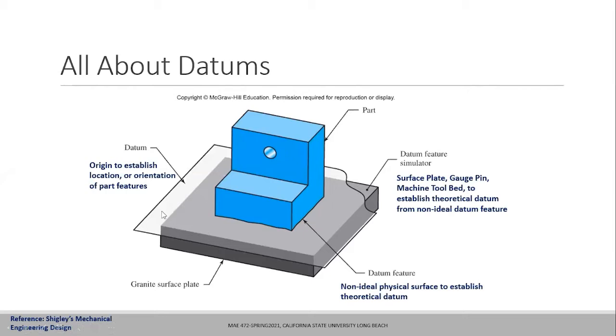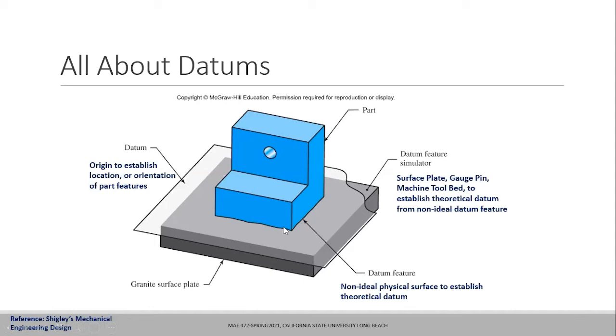And the surface basically will be used as the datum plane from which I'm going to start different measurements. If I go to measure the height of this surface from this plane, then that will be my datum plane. Now the surface of my surface plate will be the datum plane, not the surface of the part itself. Do you see what I'm saying here?